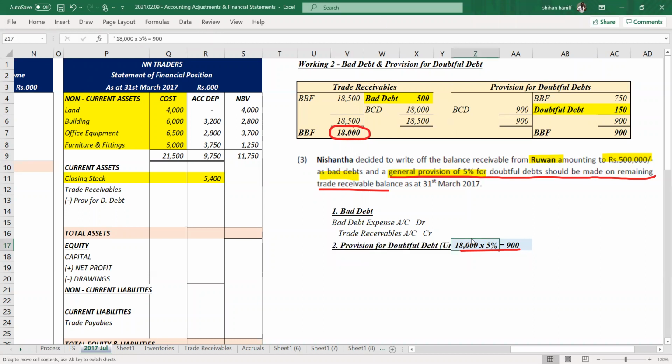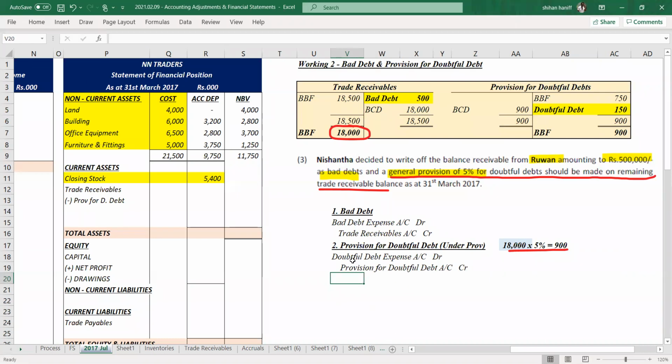Double entry is doubtful debt expense account debit, provision for doubtful debt account credit, only 150, because already 750 is there in the account. So write down these double entries.